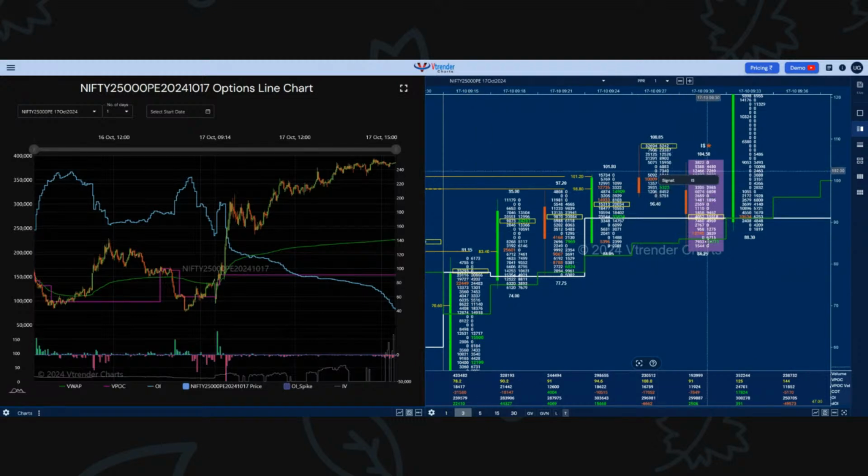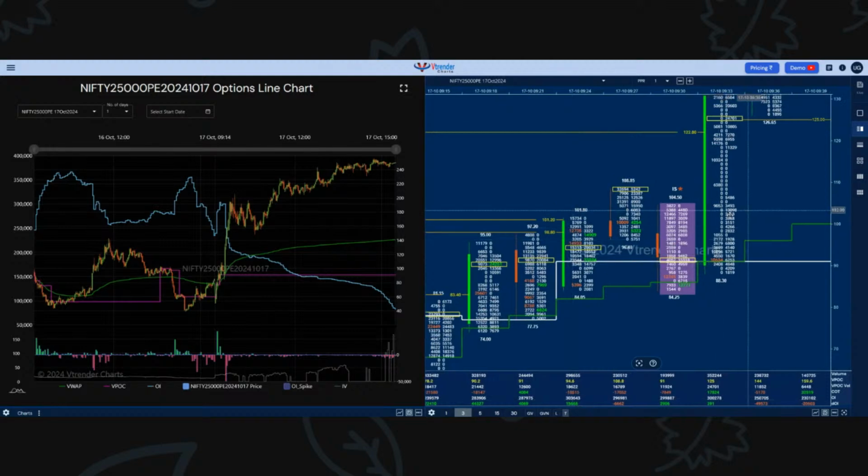So once you see this IS bar not able to break, stay below VWAP, it is a very good indication that the writers are still in trouble. So our re-entry or an added entry would be the negation of this IS. So above 105, we can take a fresh long position in this put with a stop loss of this fresh dip at the VWAP, which is at 84.